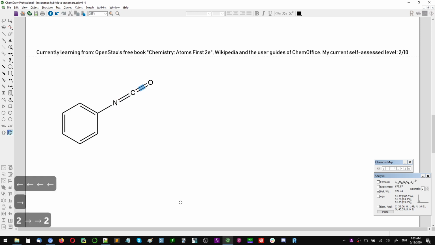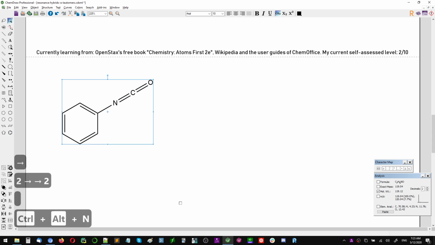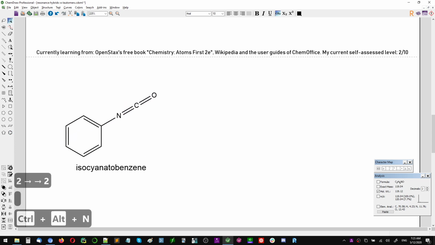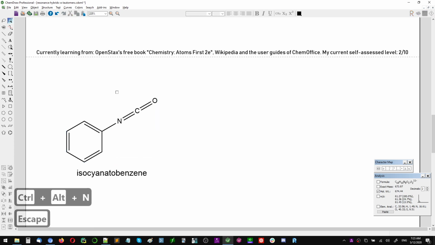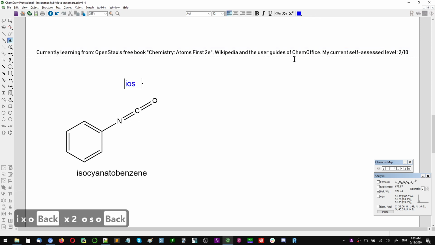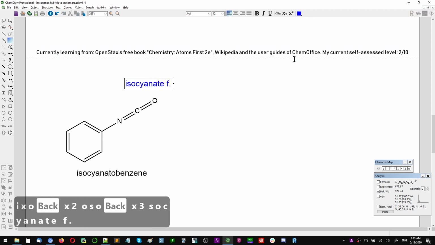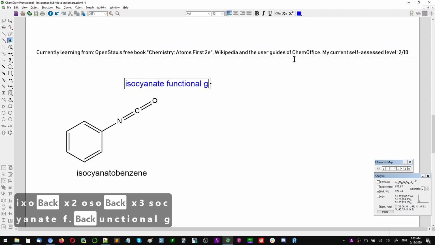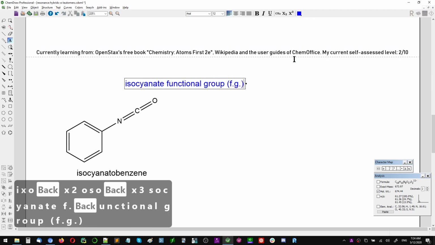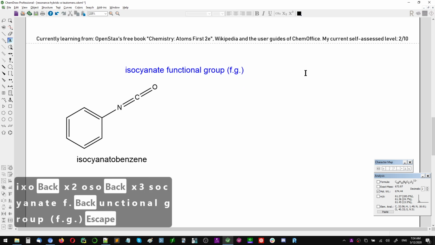And this is probably more likely, right? So let's see. Yes, isocyanatobenzene. And this would be the isocyanate functional group. I will use FG from now on.